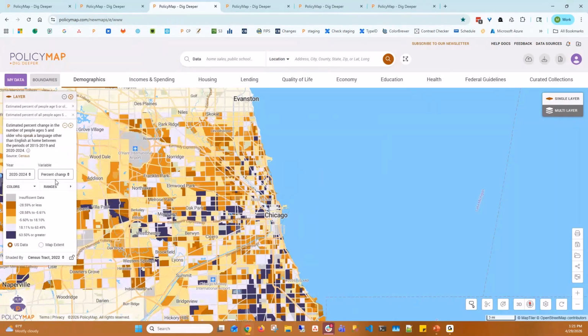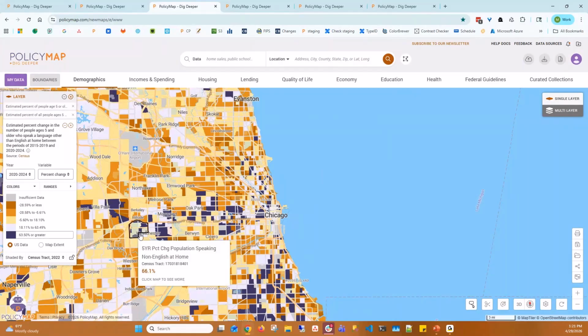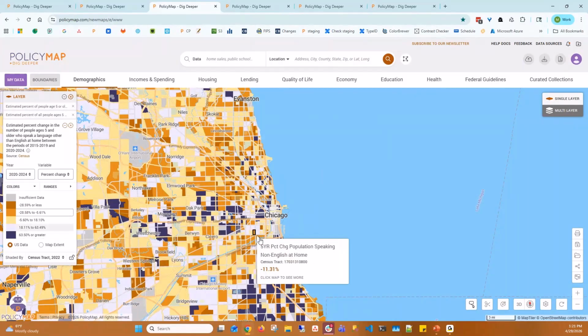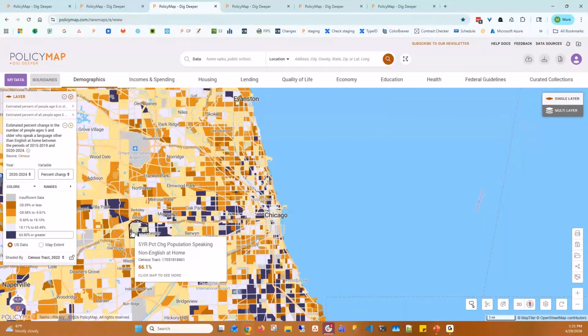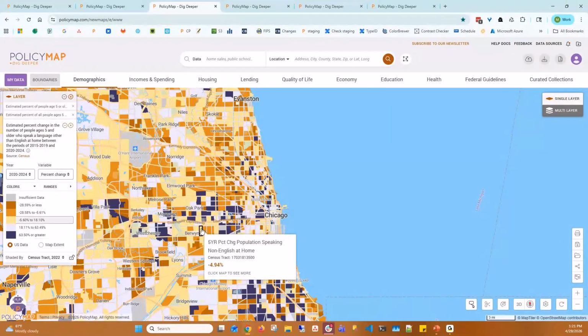If we first look at the 5-year percent change, anything that's in the yellows, oranges, and burnt oranges is going to be a negative, so a decrease. And when you see the purples, that is showing an increase, with darker purple obviously being a larger increase.